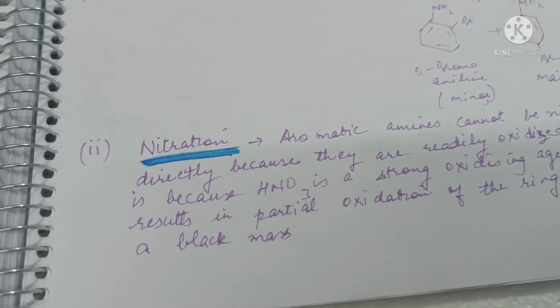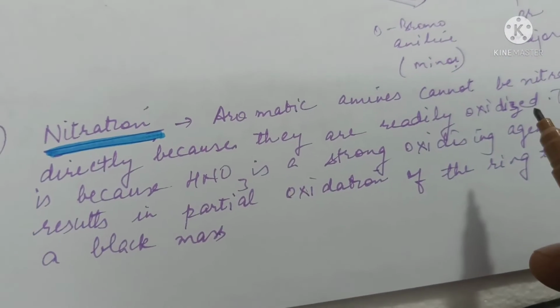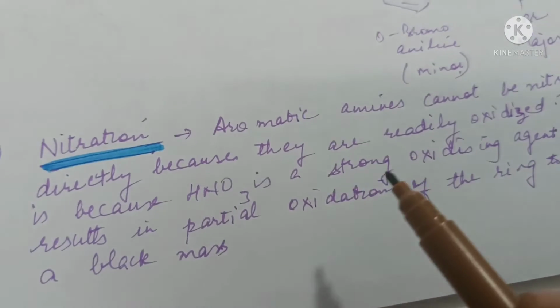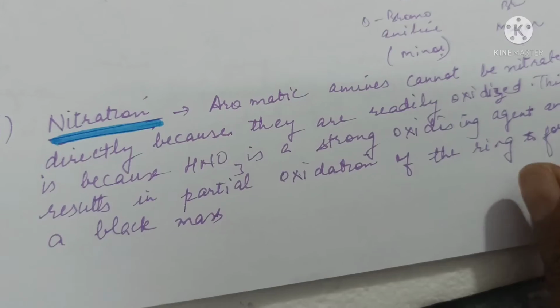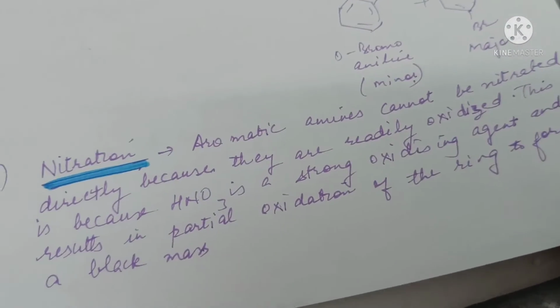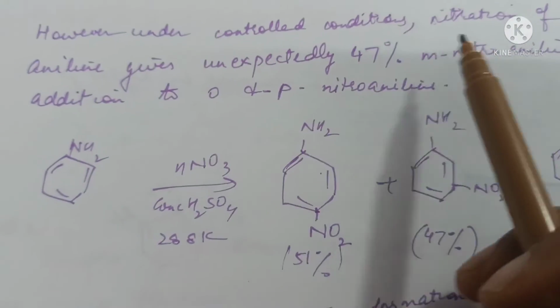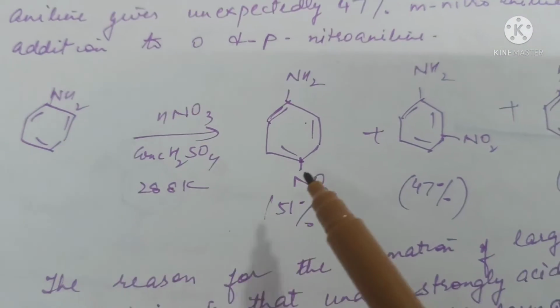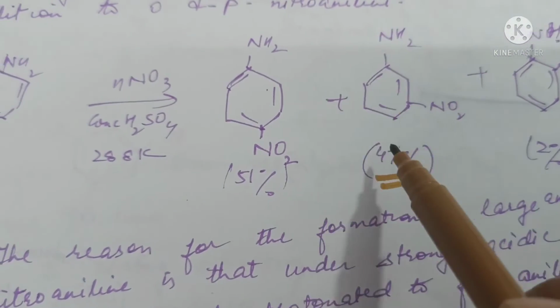Nitration. Aromatic amines cannot be nitrated directly because they are readily oxidized. It is because nitric acid is a strong oxidizing agent and results in partial oxidation of the ring to form a black mass. However, under controlled condition, nitration of aniline gives unexpectedly 47% metanitroaniline.